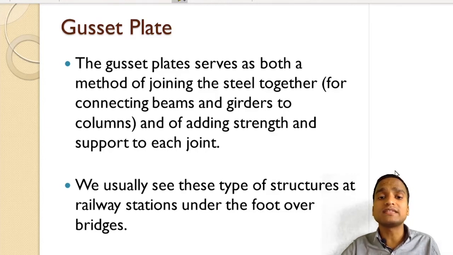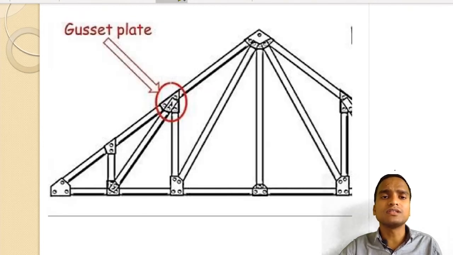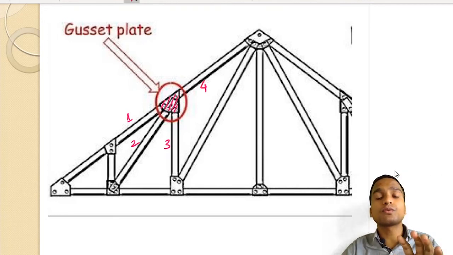And we usually see these type of structures at railway stations under the foot over bridges. So you see this diagram clearly, and here this is the gusset plate, and at gusset plate how many members are connected? This one is the first member, second member, third member, fourth member. So the 4 members of this truss are being connected at one gusset plate.